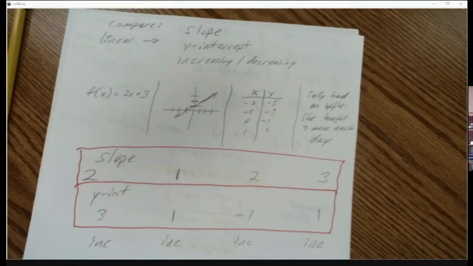So this is the main idea behind lesson 1.06, being able to look at functions, and we're looking primarily at linear functions because that's the easiest thing to pull things out of, and comparing, contrasting, seeing what's the same, seeing what's the difference between all of these.